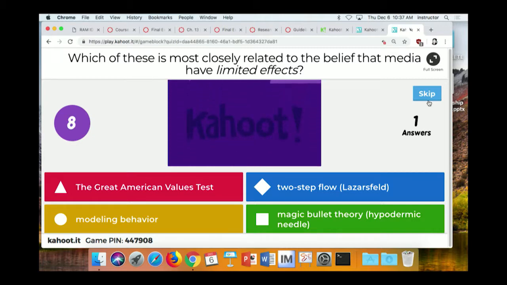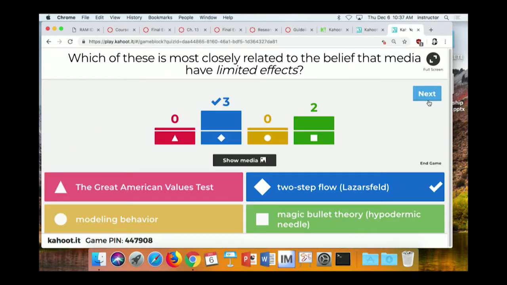So which one would you guys choose? Okay, well, majority got it, but here's a good opportunity to review that. So the answer was the two-step flow from a media researcher named Lazarsfeld.